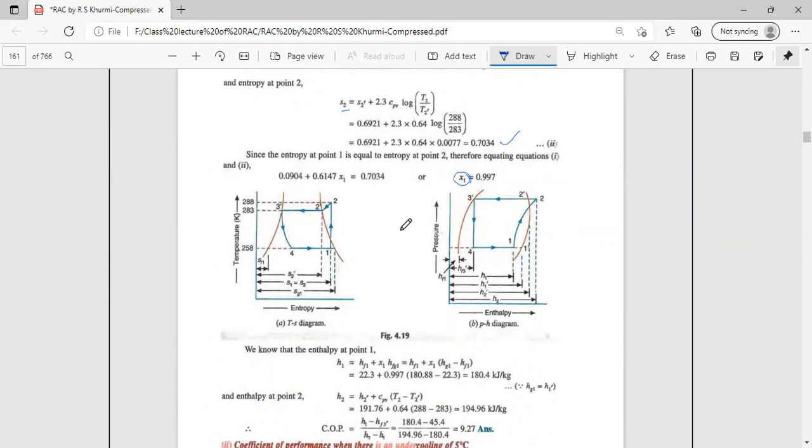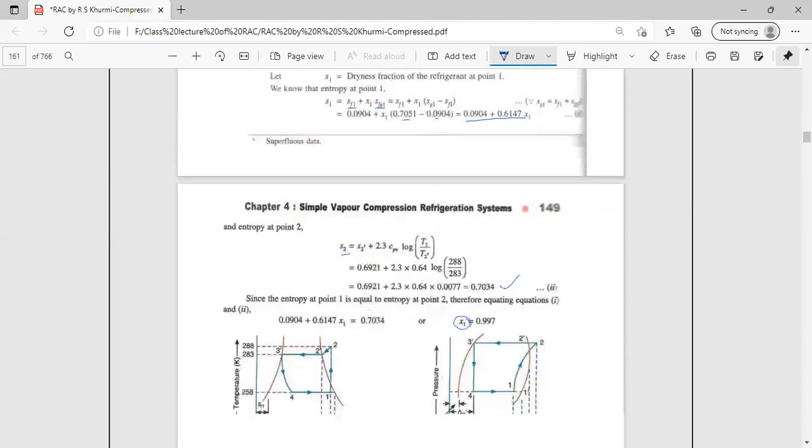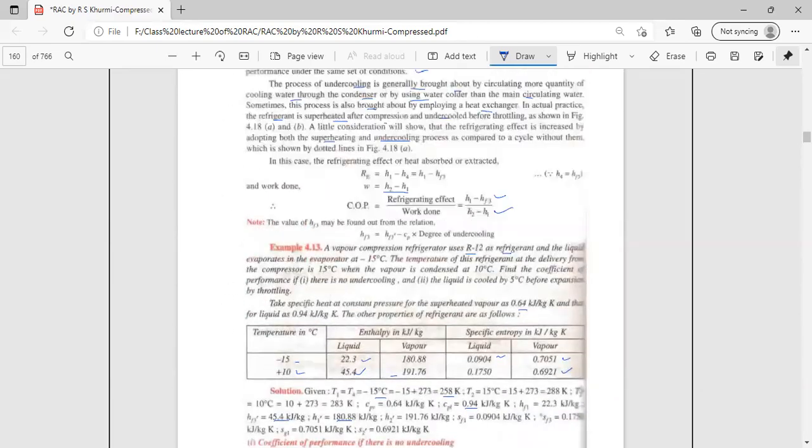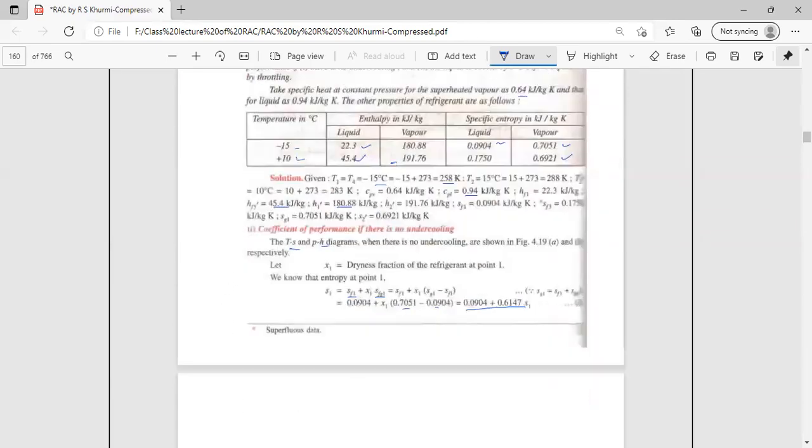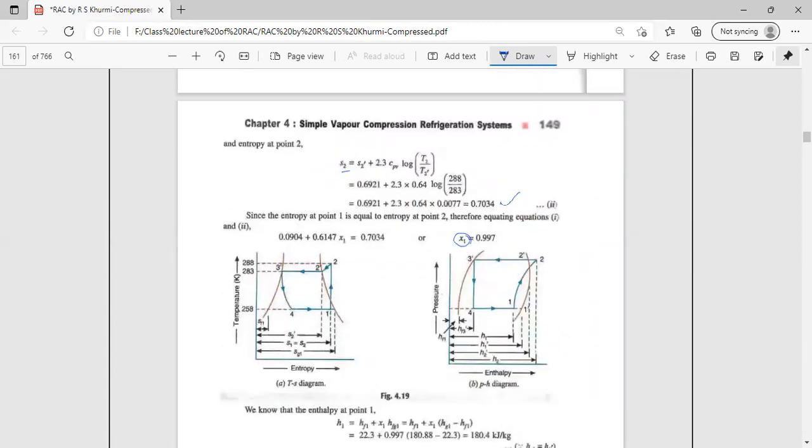So X1, the dryness fraction at this point 1, is available.